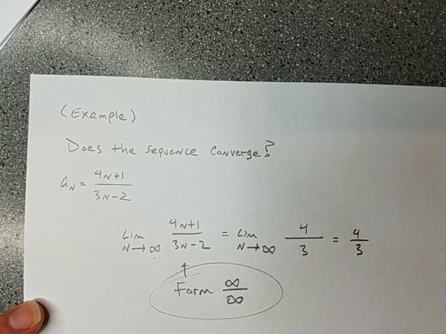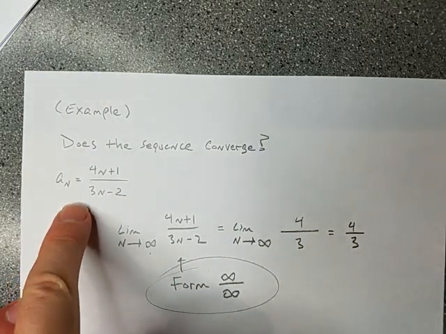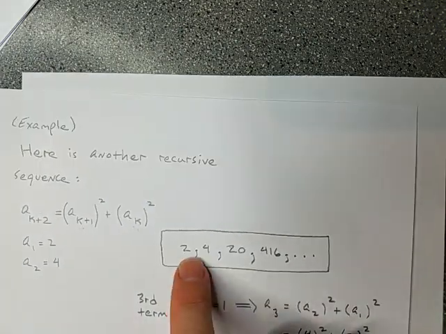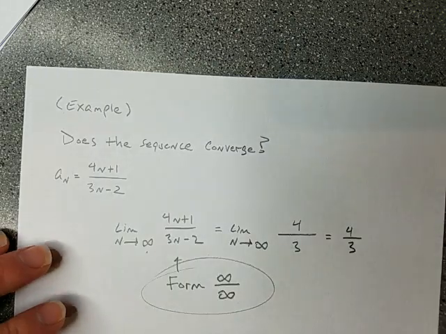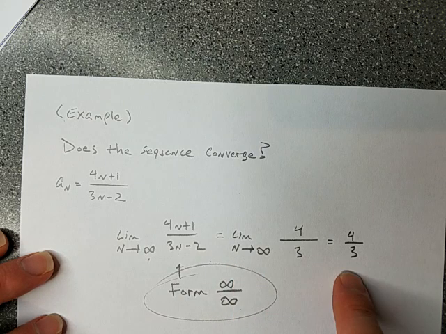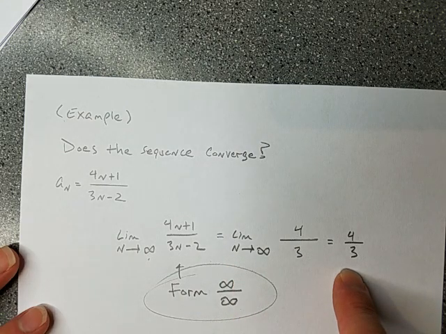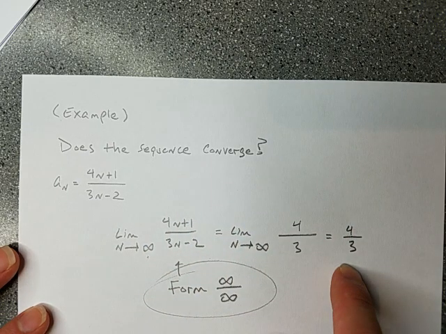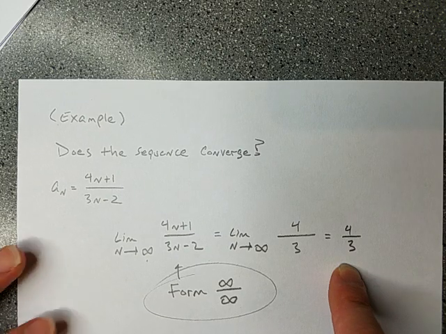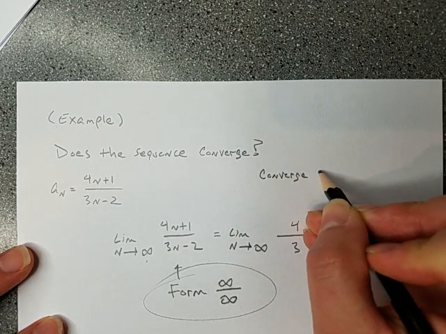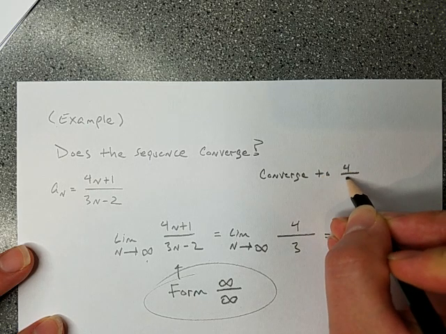What that says is, if you wrote this sequence out term by term, and you've seen me do that, I can write a sequence out one term at a time. If I write this sequence out term by term, way down the list, you'll see 4/3. The terms, as you keep going, will approach 4/3. They'll get closer to 4/3, one at a time. So this one will converge to 4/3.